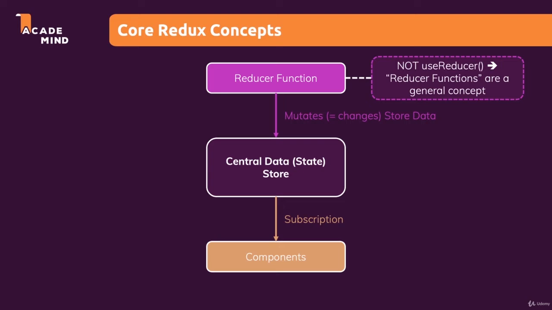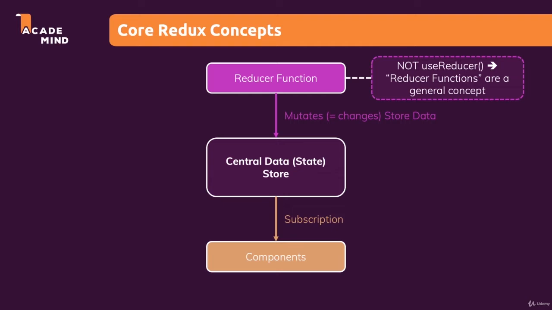Reducer functions in general are just a general concept. Reducer functions are functions which take some input and then transform that input. They reduce it. For example, they can reduce a list of numbers to the sum of those numbers. And that's just one example. But they, in general, transform inputs and spit out a new output, a new result. So that's a general programming concept which useReducer, this hook, uses, and which this Redux reducer function also uses.